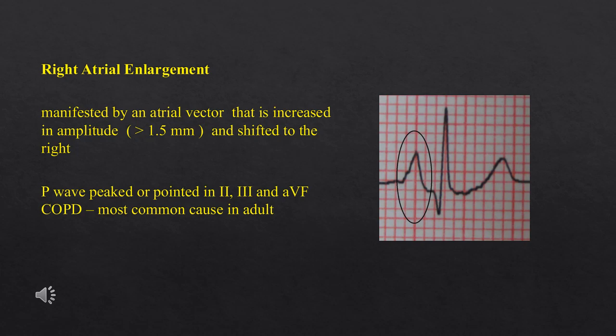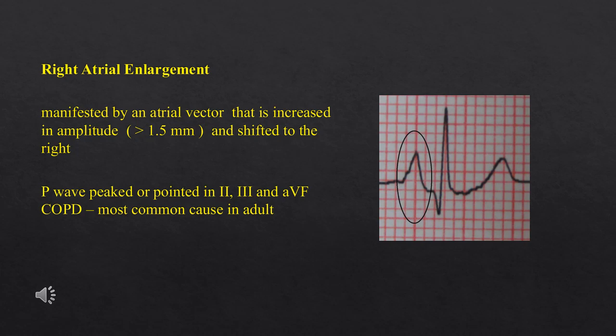Right atrial enlargement is characterized by an atrial vector that is increased in amplitude, greater than 1.5 mm, and shifted to the right. The P wave is peaked or pointed in leads 2, 3, and aVF, and this characteristic is usually seen in patients with COPD.